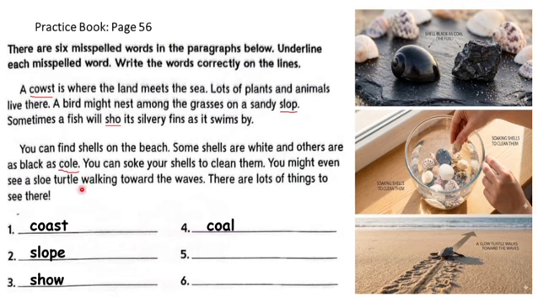Okay, the next sentence. You can soak your shells to clean them. So as you can see in this picture here, we have a bowl of water and we can put the shells inside the water to clean them from the sand. So here, what is the word? We have here a misspelled word.